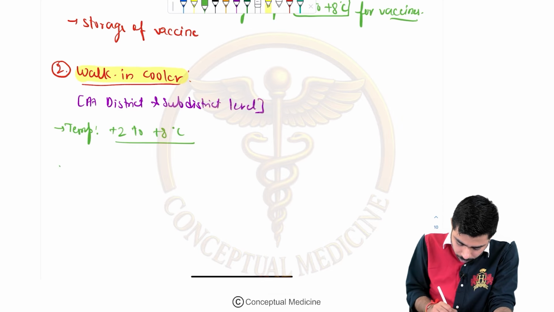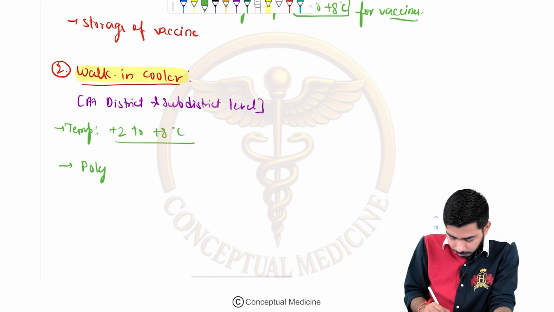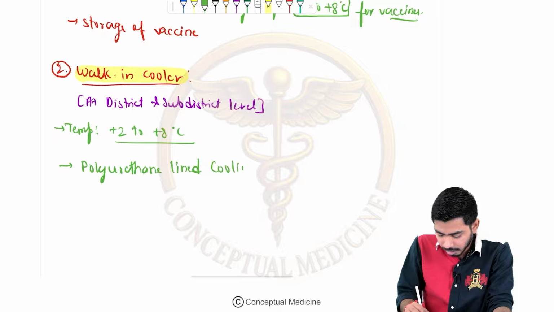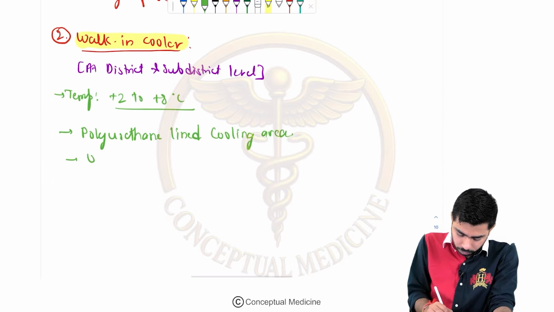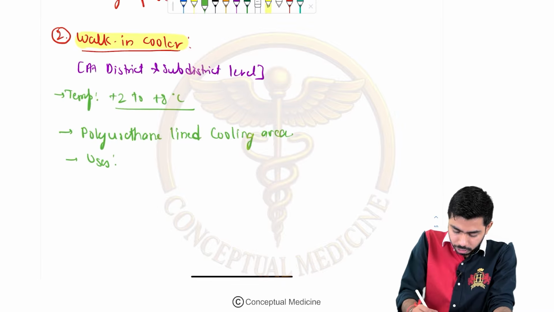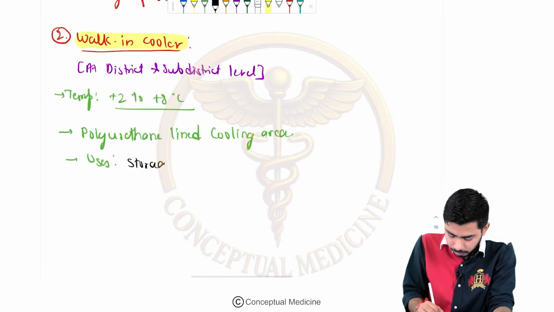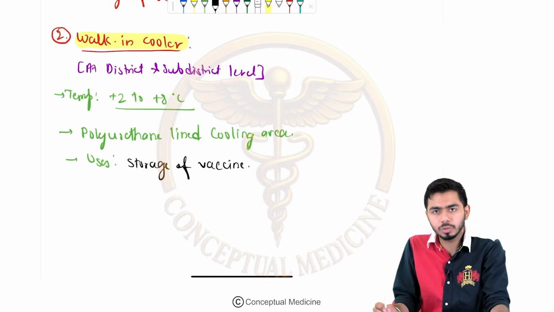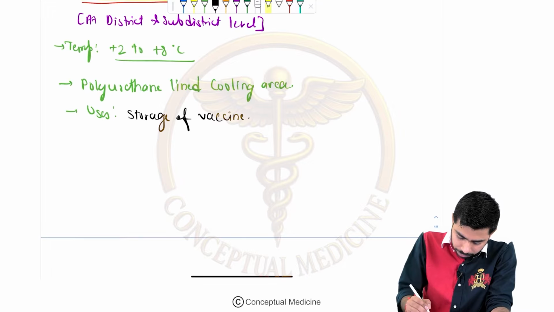Here they are also made up of a polyurethane lined cooling area, that has been asked earlier, so that's why I'm mentioning it. And the use will be the storage of vaccine.